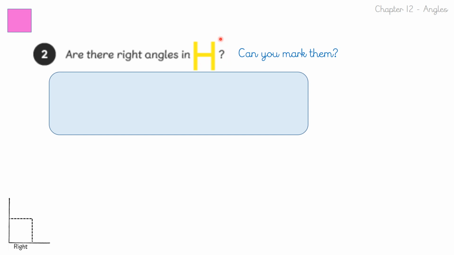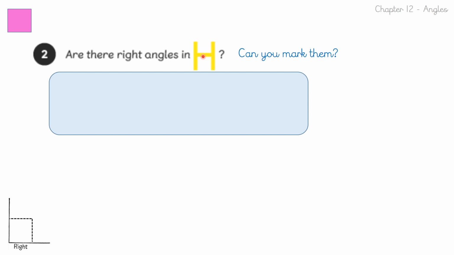I think the letter H has 4 right angles because I can see here two straight lines that meet at a point and form or make a right angle. Here I can see another two lines or arms that meet at a point and make a right angle.